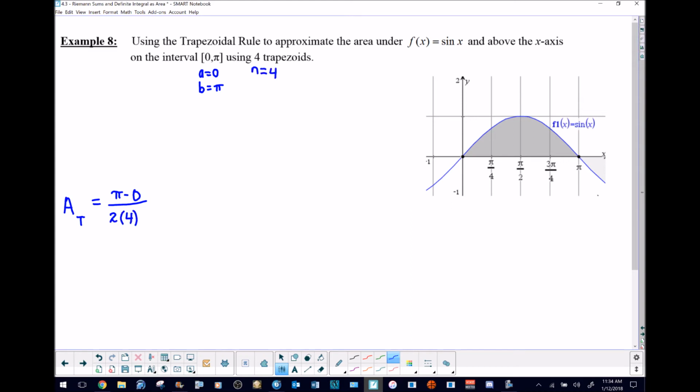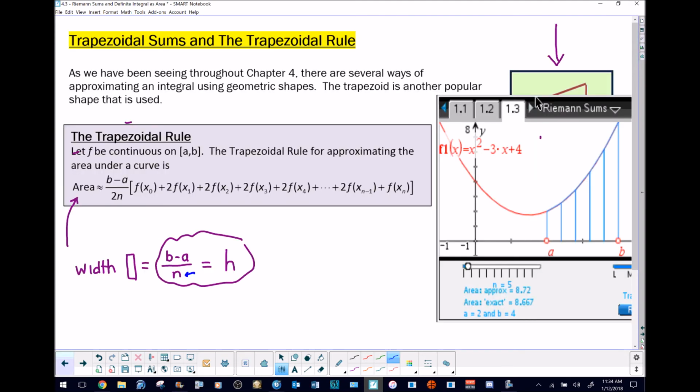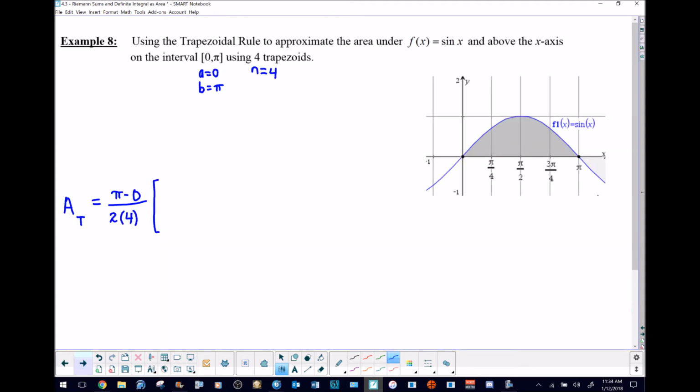Next up, we put some kind of a grouping symbol, a bracket or a parenthesis, and the formula just says use f of x0, which if you recall was f of a, in this case is 0, so f of a is the function evaluated at a. So that particular function would be sine evaluated at 0.